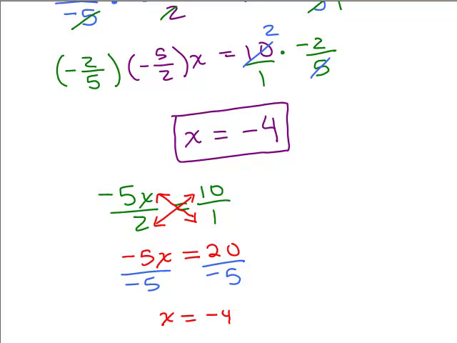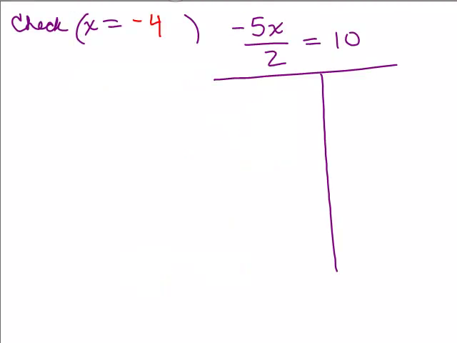So our next step will be to check and make sure that's indeed the right answer. All right, so we're going to check to make sure -4 is the correct solution. So we've got our original problem, -5 times -4 over 2, right? We're replacing x with a -4 in the order of operations.